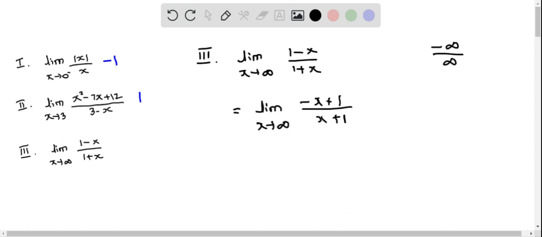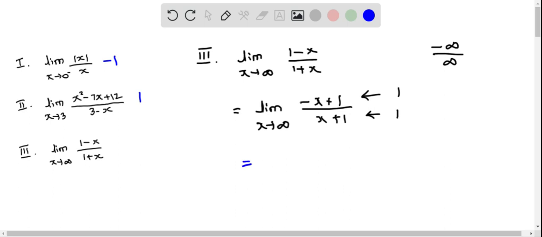Now we can use the method of going with the degree. So we look at the degree of the numerator, which is 1, and the degree of the denominator is also 1. So when we have equal degrees, we can simply take the coefficient of x, the highest degree of x. Here it is negative 1.